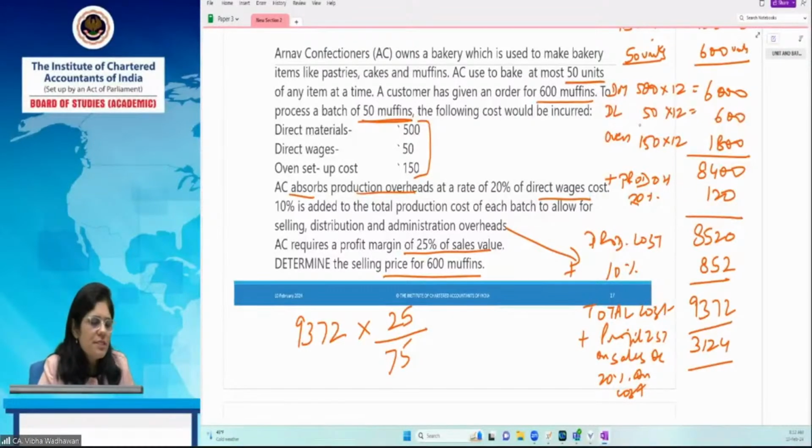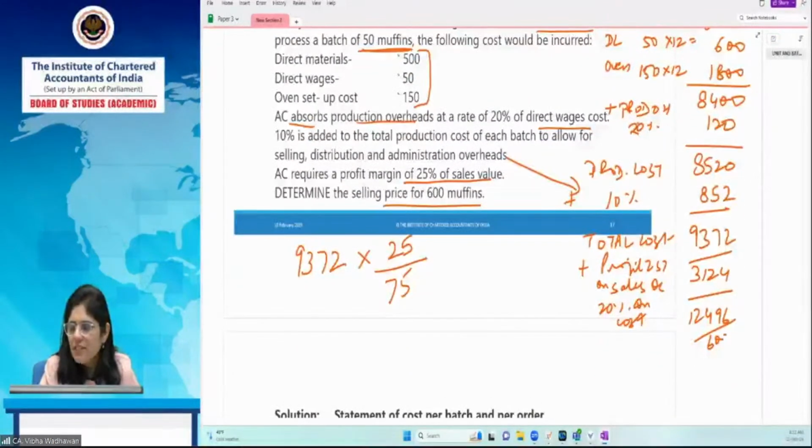Calculate the total sales. So it's 12496 is the total sales. Divided by 600, you will get the selling price for 600 muffins.